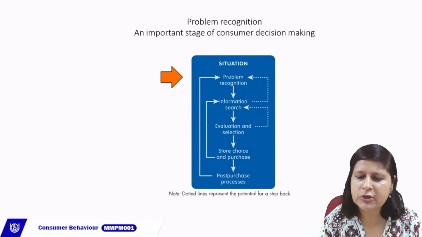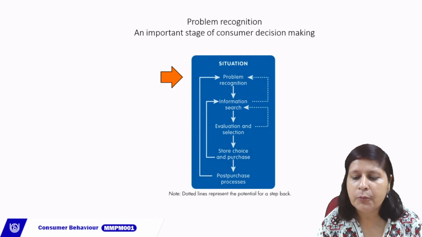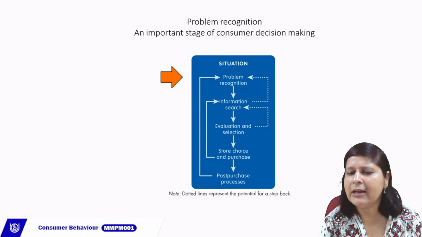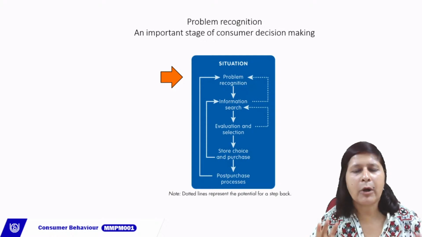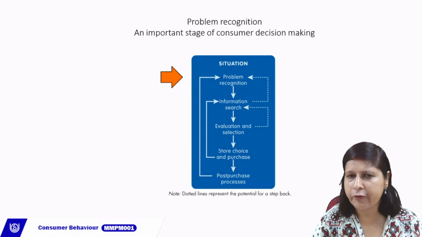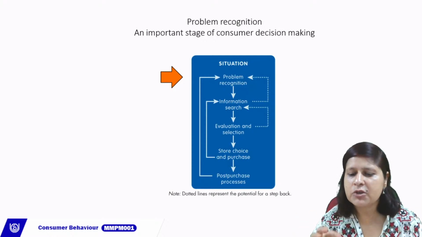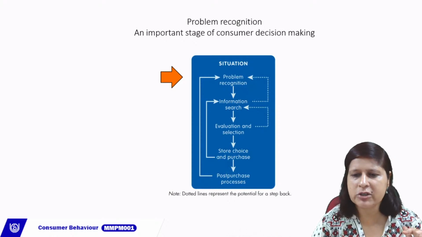Then it leads to store choice and the purchase, and then it leads to post-purchase processes. After post-purchase processes, it can again lead to problem recognition: whether my problem has been satisfied or met or not. If not, then again follow all these steps, right?